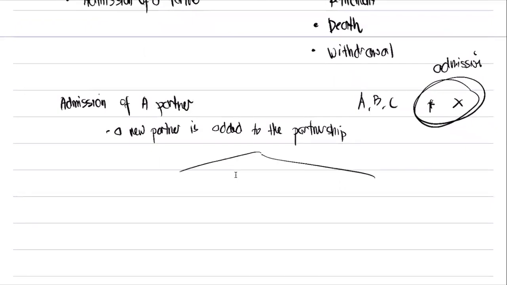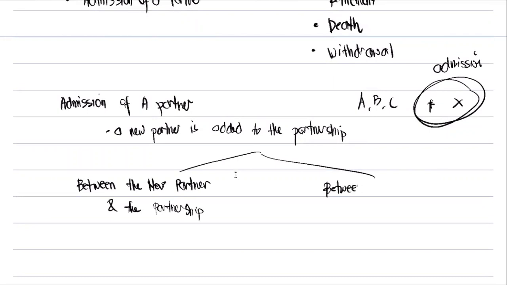We have admission between the new partner and the partnership, or it is between the new partner and the old partners. Normally we call this one between the partners.